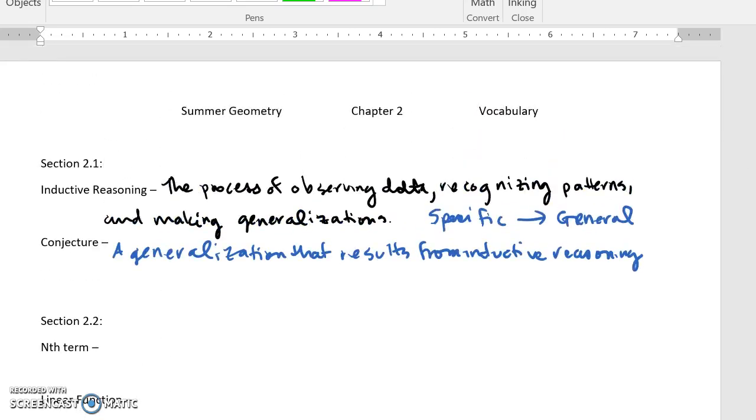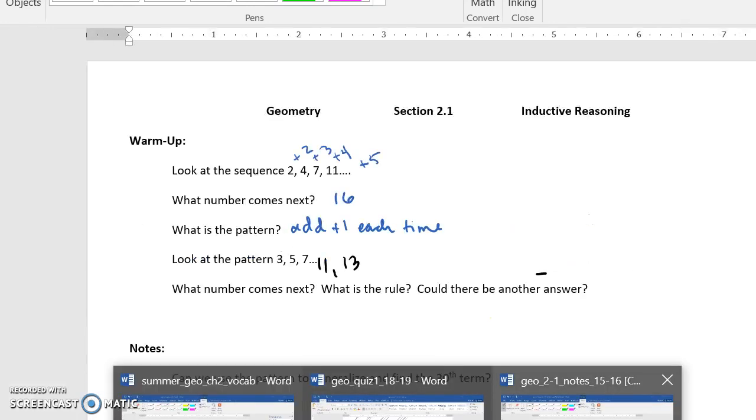But that's kind of the form that a conjecture takes. So today we're going to be just looking at the idea of inductive reasoning and trying to look at some patterns. Numeric we already looked at, and then there's also some visual patterns we're going to take a look at.